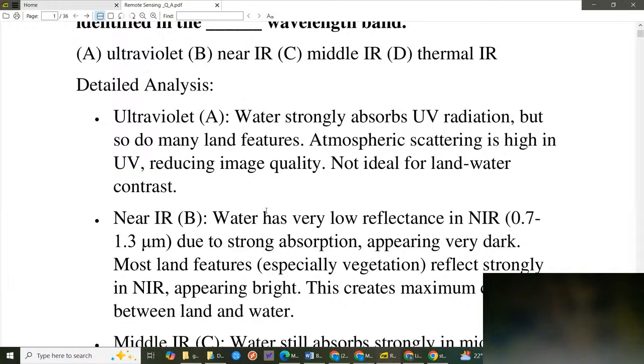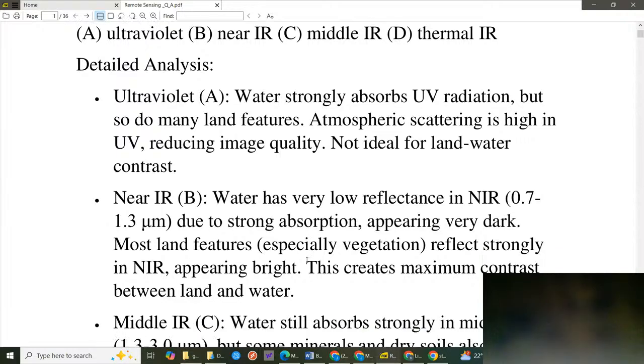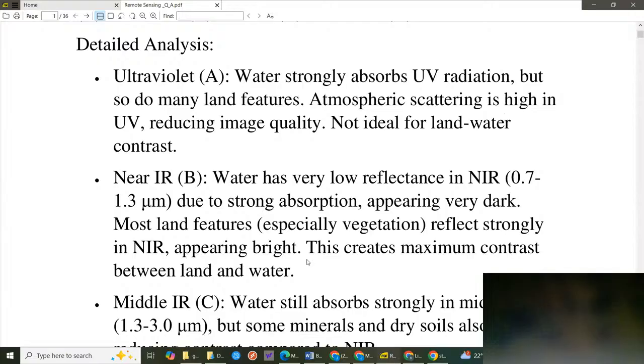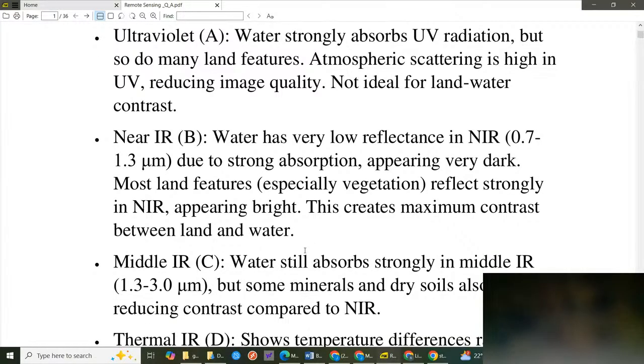Water has very low reflectance in near infrared. Its electromagnetic range is 0.7 micrometer to 1.3 micrometer. Due to strong absorption, water appears very dark. Most land features, especially vegetation, reflect strongly in NIR, appearing bright. This creates maximum contrast between land and water.